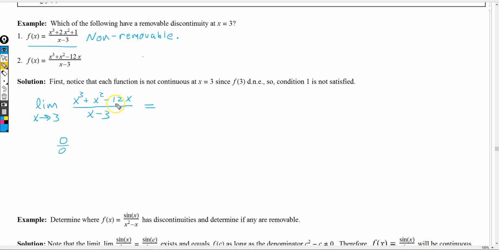So let's see if we can do some cancellation here. The top will factor as, if I factor out an x, then I'm left with a quadratic, x squared plus x minus 12, and that factors further. Then of course I can cancel the x minus 3's and we get the limit.